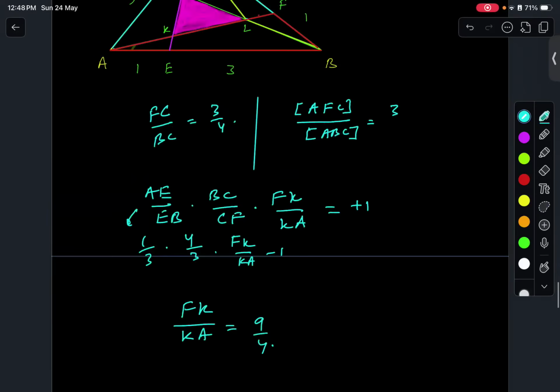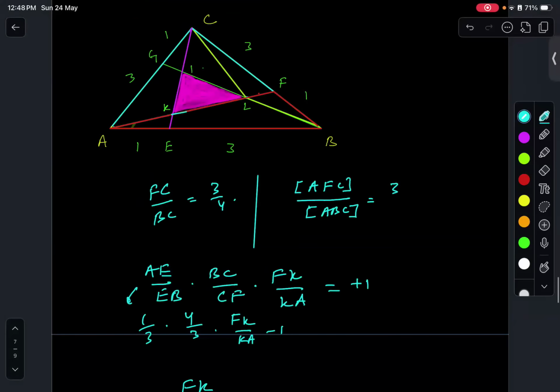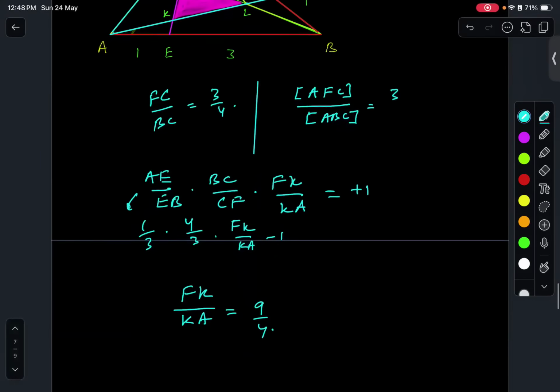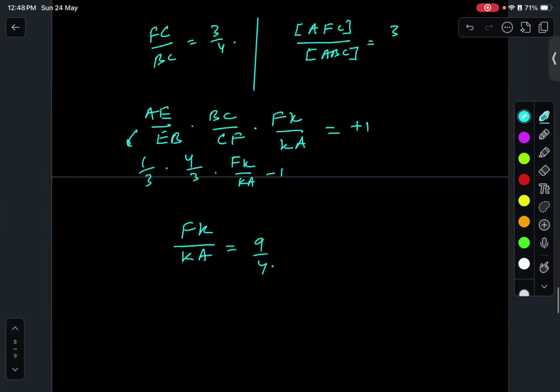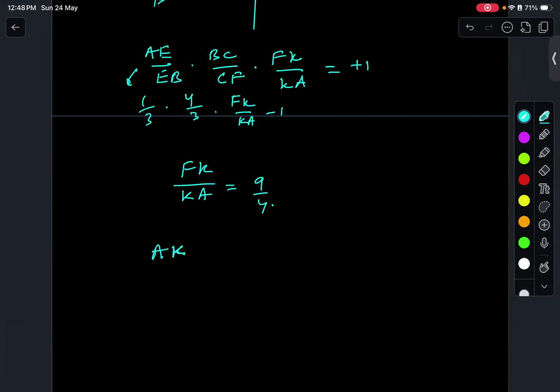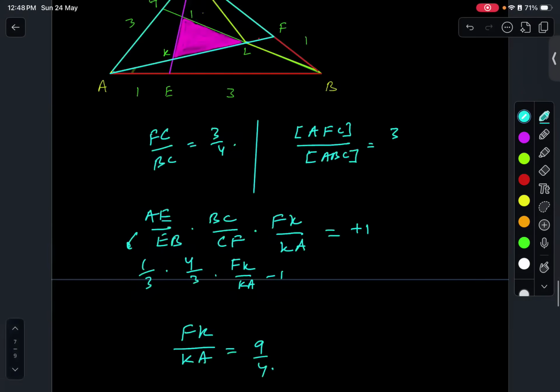Okay. So this is FK upon AK. But I'm more interested, I have not to go for this thing. I'm more interested if I'm able to write AK upon AF.